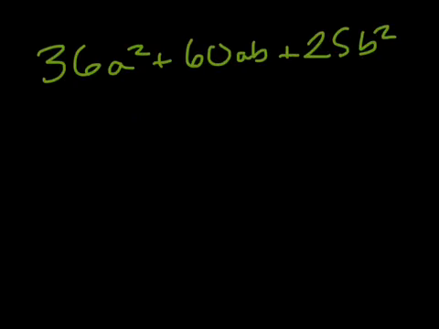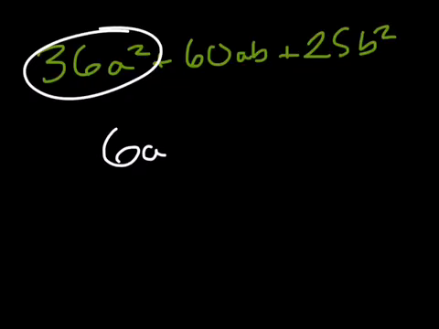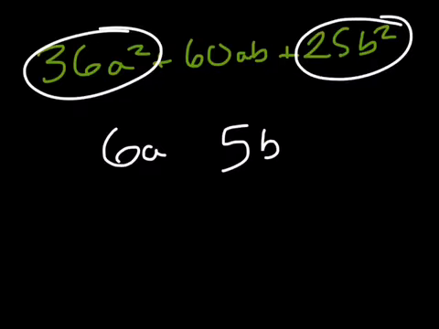All right, so now we're just going to look at a different type of example. This one's a little different because we actually have 2 variables. But the same thing can occur even when we have 2 variables. So I'm going to look here. I notice that that's a perfect square, 6a. I notice that this is a perfect square, 5b.